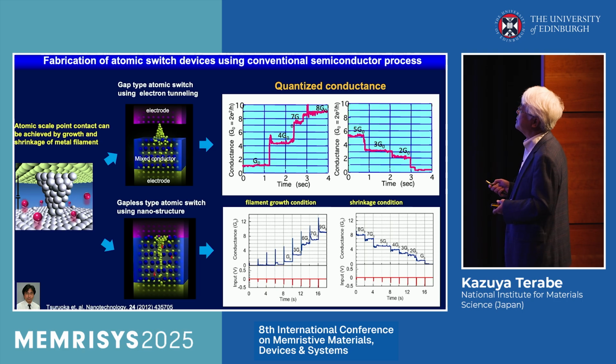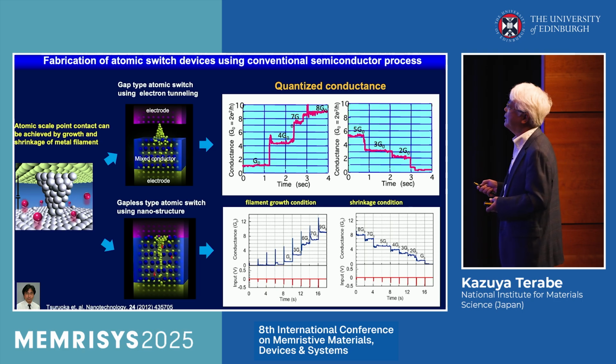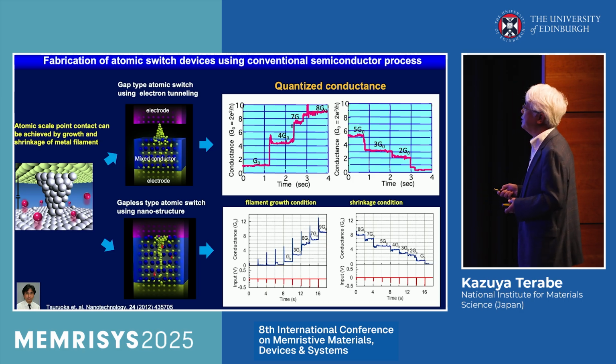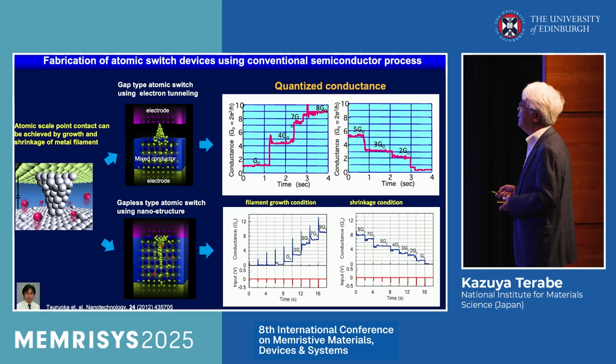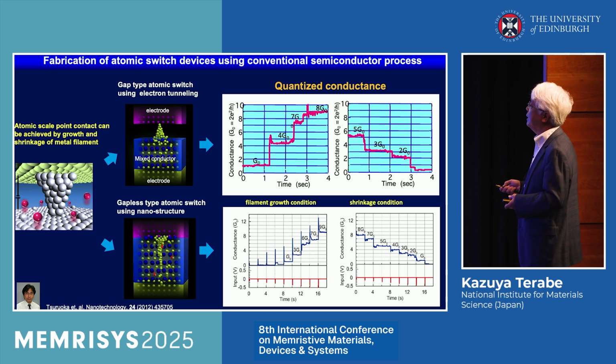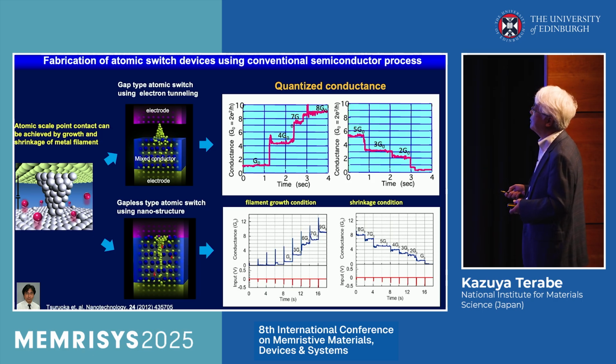This is the same as the STM experiment. This is also a gapless atomic switch using a nanostructure. In this very small nanostructure area, by applying voltage, silver ion is migrated and precipitated. In this case, it uses the tunnel current. And in this case, it also fabricates such a nanofilament like this. So we control the point of contact at the atomic scale.